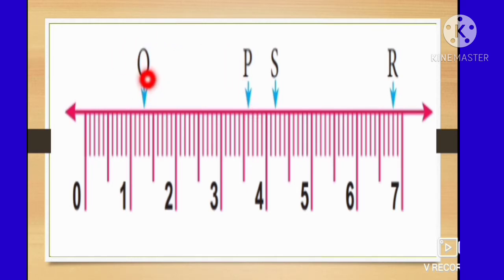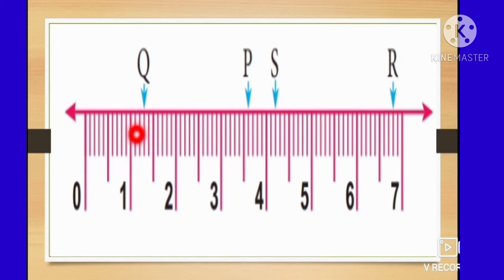So first let's take the point Q. See the point Q, which lies between 1 and 2, isn't it? And here 1 and 2 is divided into 10 equal parts, and it lies on the third part.